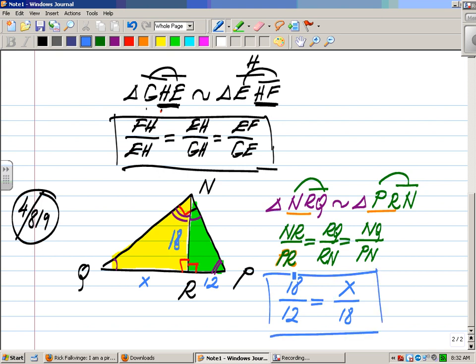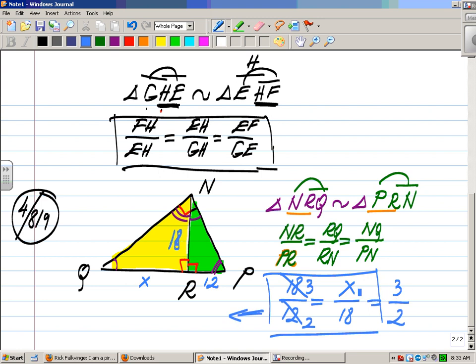Now, I can simplify one of the fractions, right? What is 18 over 12? What number can I use to simplify that? Both numbers are divisible by 6, right? If you divide 18 by 6, that will give you a 3. 12 divided by 6 will give you a 2. So basically x over 18 equals 3 over 2. And if you want to solve for x, you do the cross products.